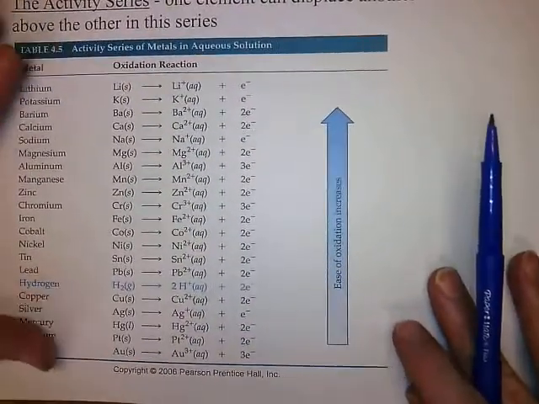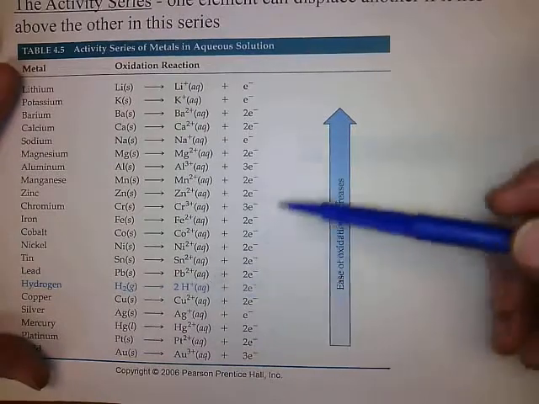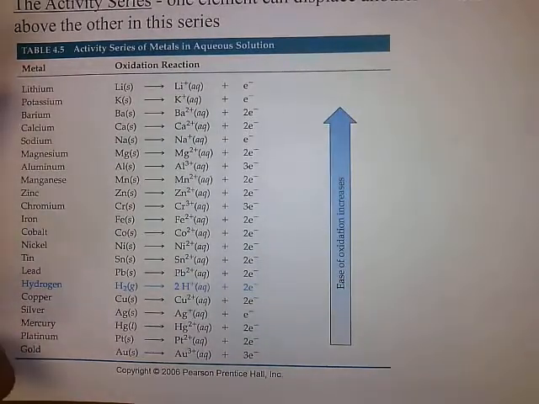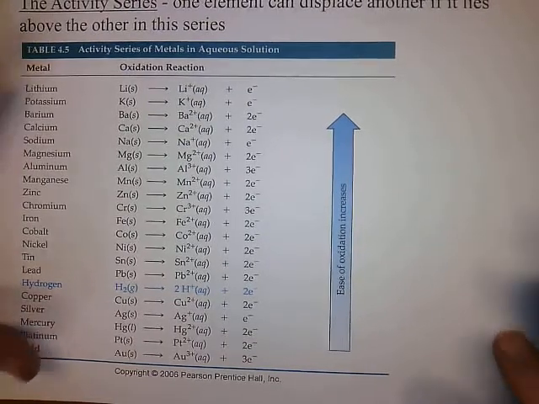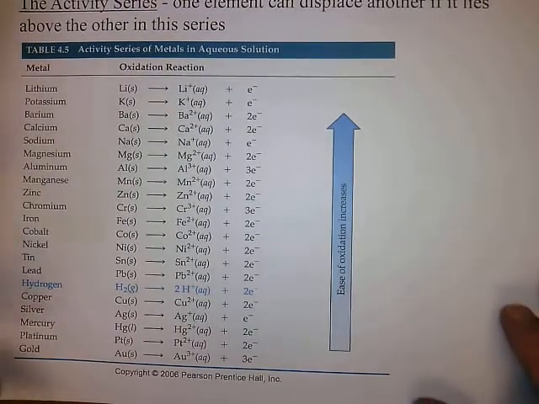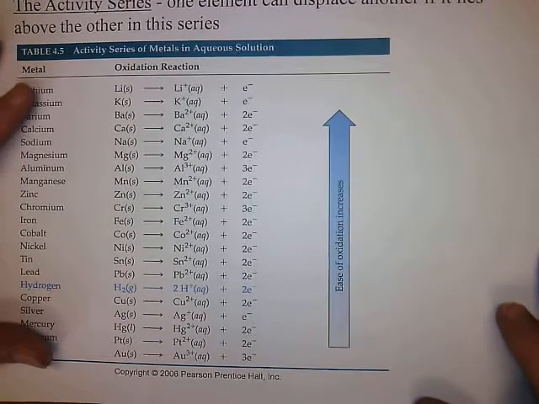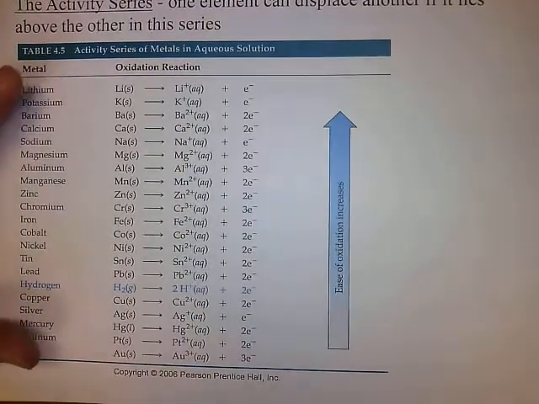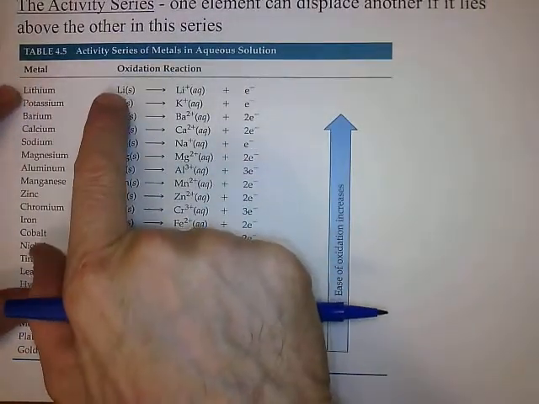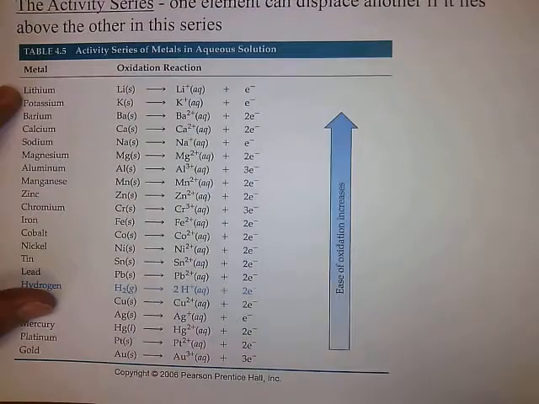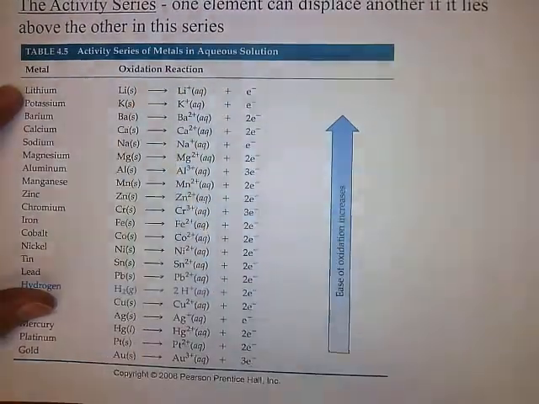Okay. So your activity series is basically a listing of the tendency for things to be oxidized, or reduced. All right. The elements at the top here have a strong tendency to be oxidized.